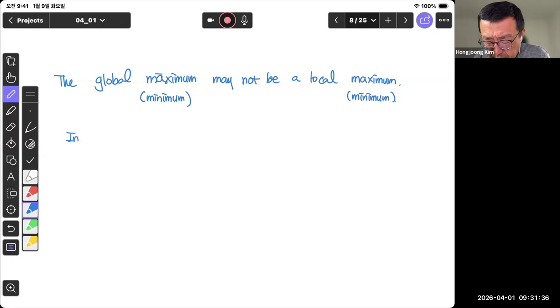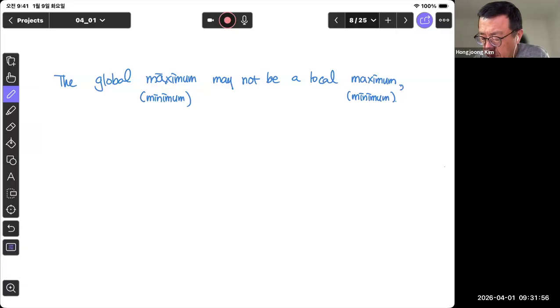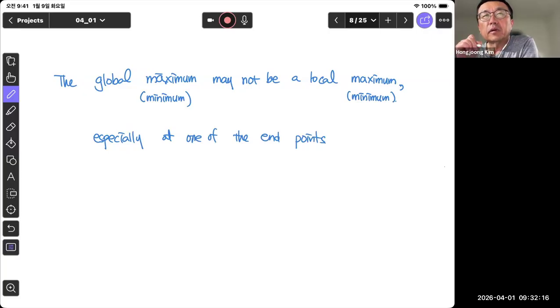In particular, if you have a global maximum or global minimum at one of the endpoints of the domain, then the global maximum may not be a local maximum.